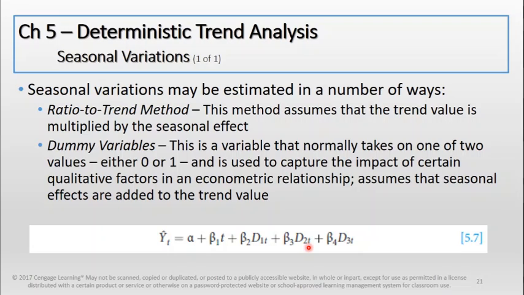So in the estimated model, the value of your B1D1T represents the impact of the first quarter observation on the values of the forecast YT relative to the forecast from the omitted class, which is the fourth quarter, when the D2T and D3T take values of 0.